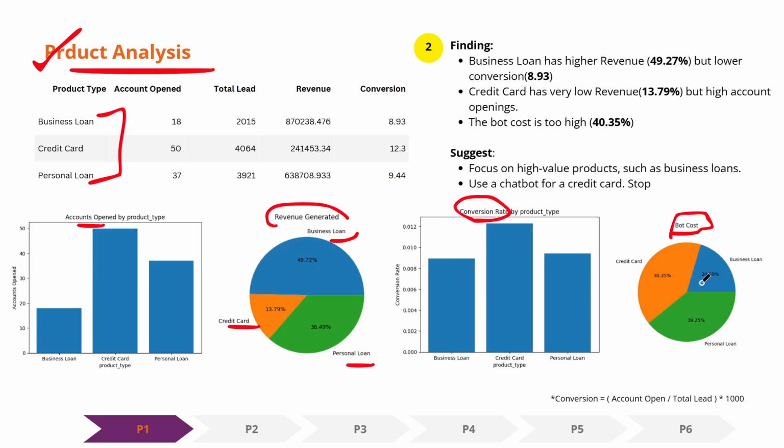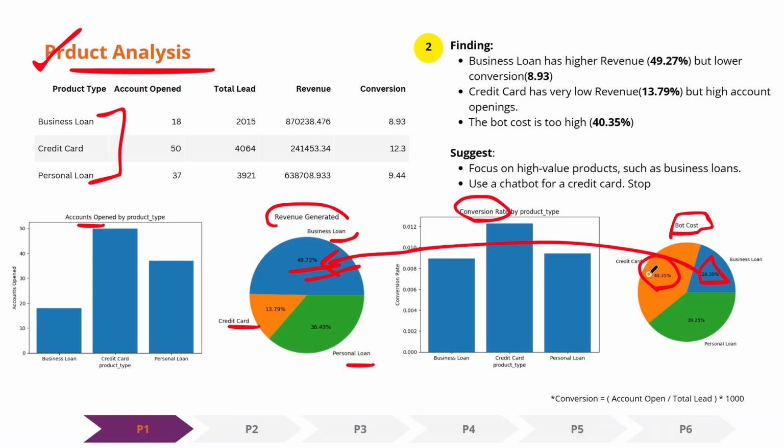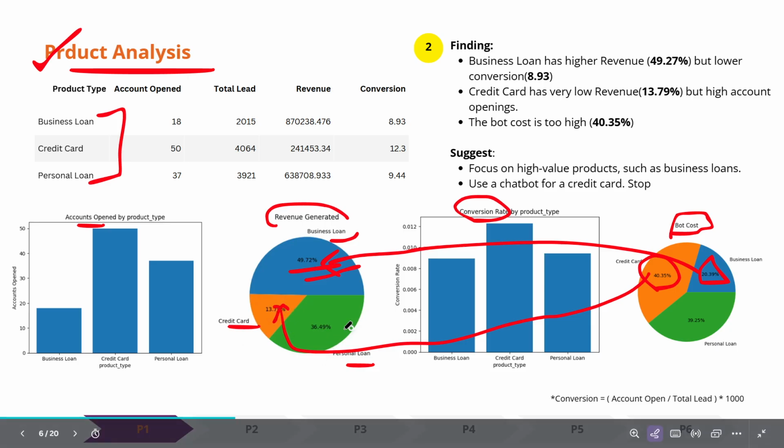If you notice, 20.39% is the business loan, but it gives 50% of the revenue. So we think to decrease the other costs, like the credit card cost, which gives a lower return.